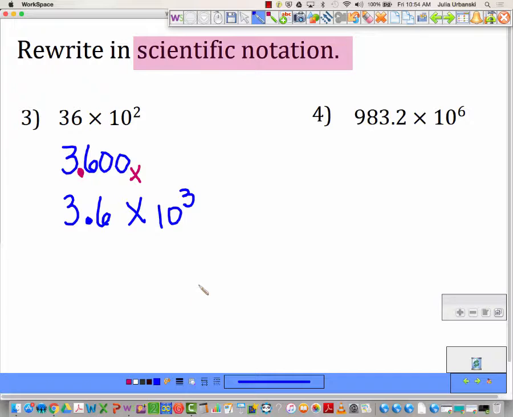Number 4, on your own, copy it down and write it by moving it to the right 6 places. So how many zeros are you adding? 5. Good. Because the 2 counts as 1 move, and then you have to still add 5 more.